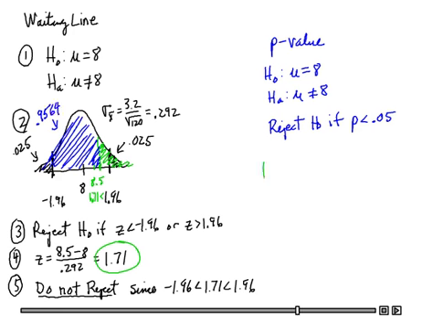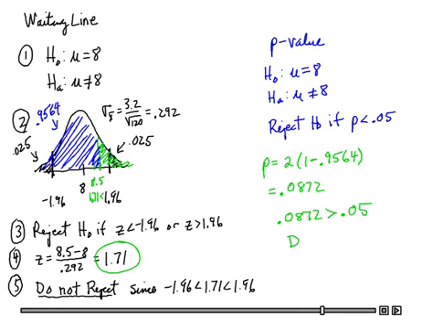So to calculate my p-value, I'm going to take 2 times, 2 again because it's a two-tailed test, 1 subtract 0.9564, and that's going to give me 0.0872. 0.0872 is greater than 0.05, so we do not reject.